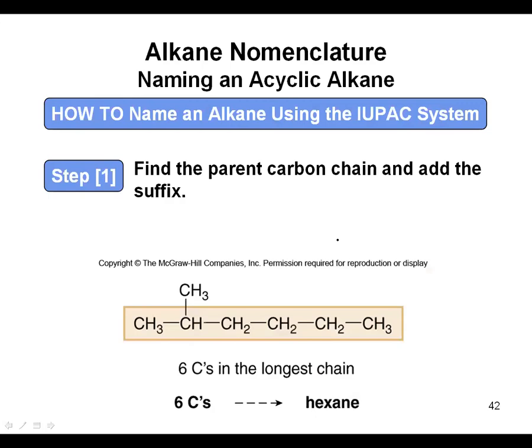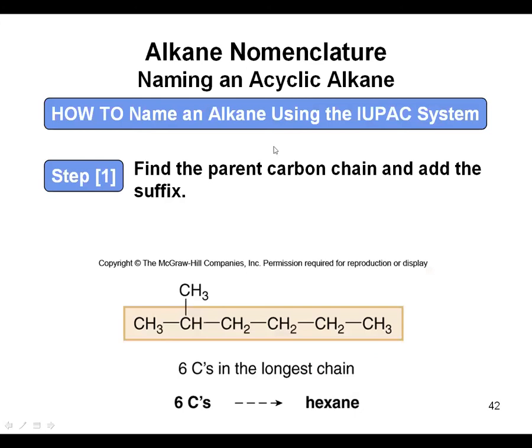All right, so let us start actually naming something and figuring out how to name it. Let's go with this one that we got here, and let's talk about how we would go about naming this guy. The very first thing that you want to do is find the longest continuous carbon chain. And again, it doesn't have to be the straightest.